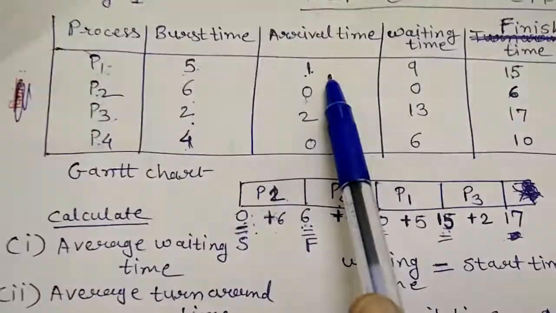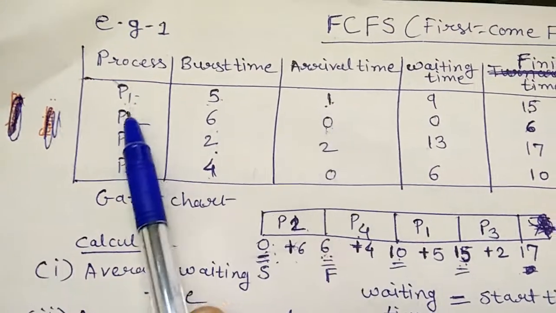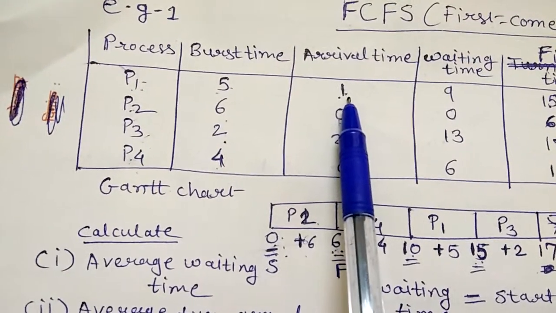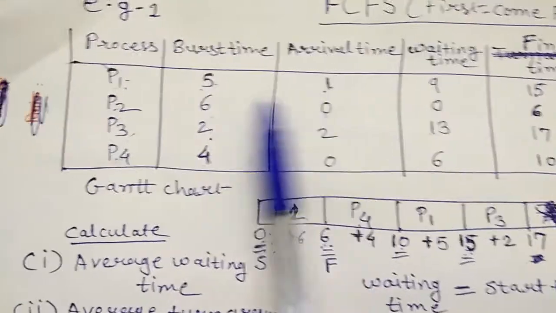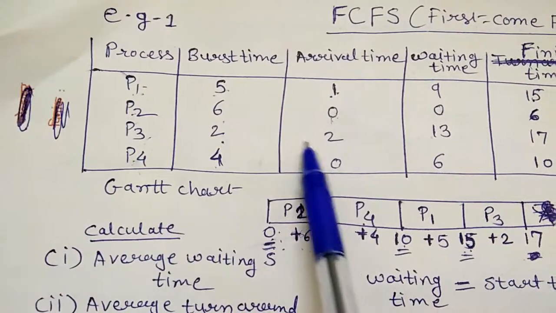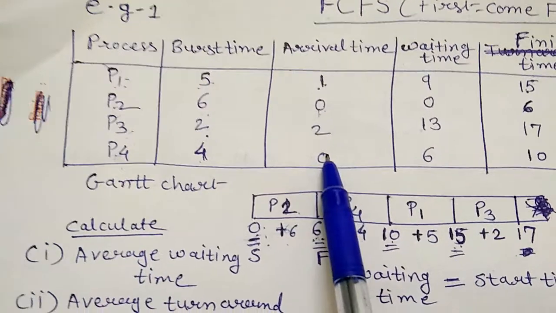The time at which the process arrives in the queue: P1 has arrived in the queue at 1 millisecond. P2 arrives at 0. P3 arrives at 2 and P4 arrives at 0 milliseconds.